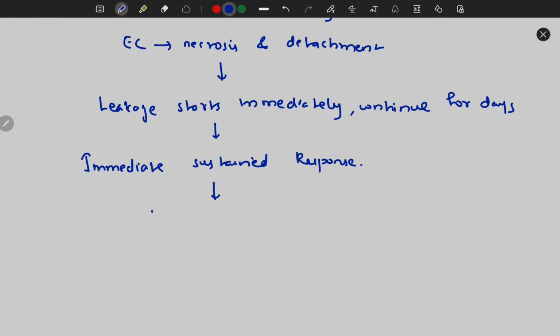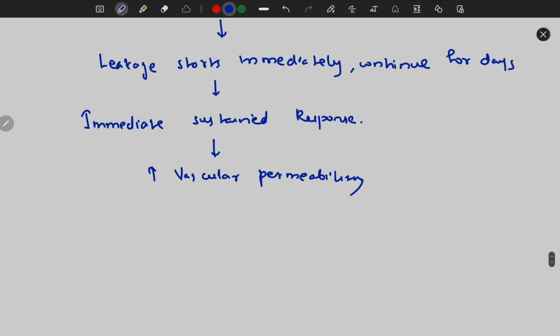So there is increase in vascular permeability, and there is stasis, that is, slowing of blood flow.